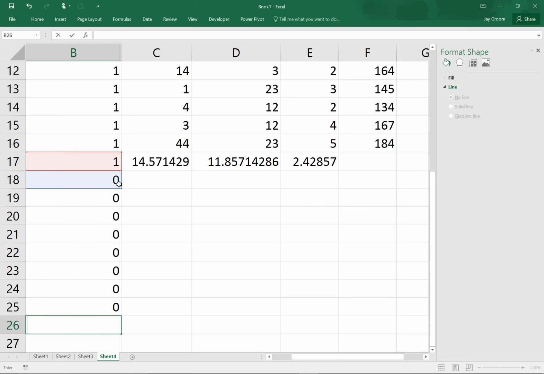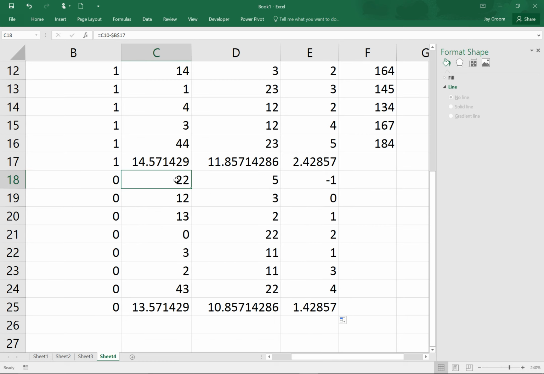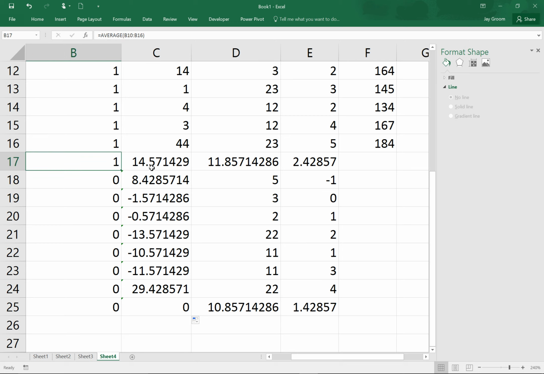So same thing here. I'm going to grab these and drag them across. Oh, that's not going to be good. It's too much work to do things right. Why would I do anything right, Jay? What did you do, Jay? Oh, for God's sake.